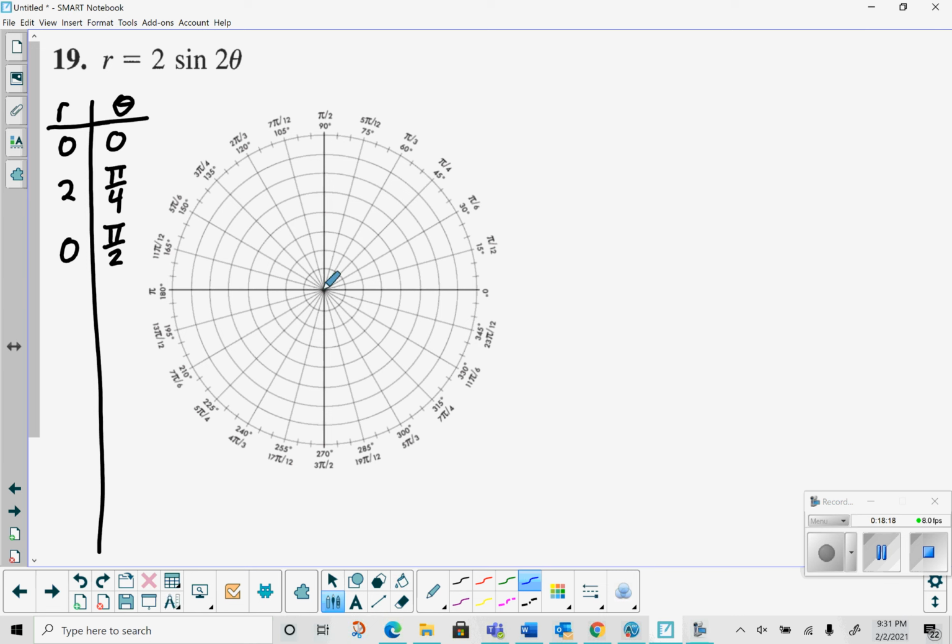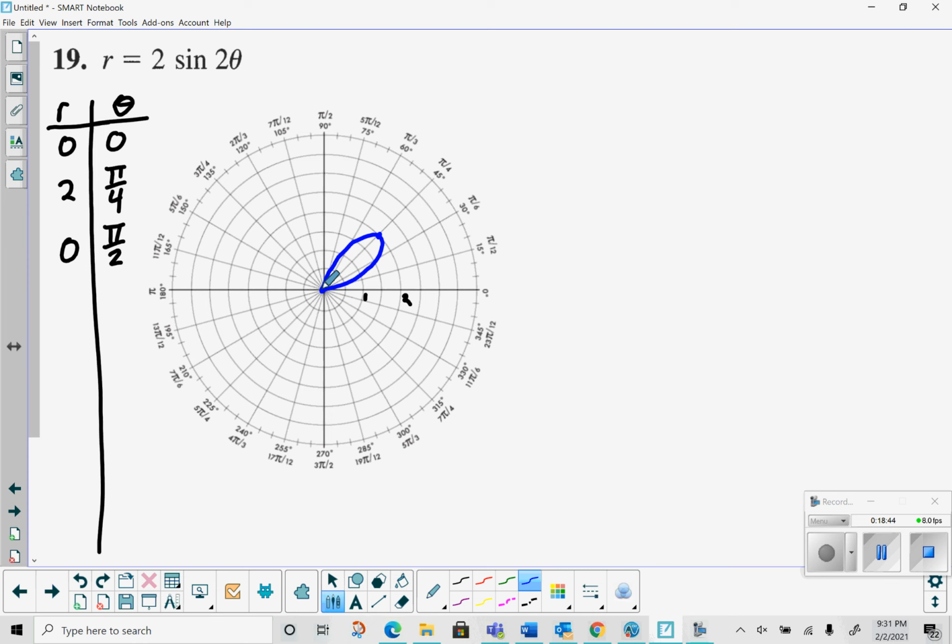So if I plot the point 0, 0, now I'm going to use a slightly bigger scale here, where this is 1 and this is 2. For pi over 4, I go out to 2. And then for pi over 2, I'm back to 0. That's telling me there's 1 leaf of my rose.